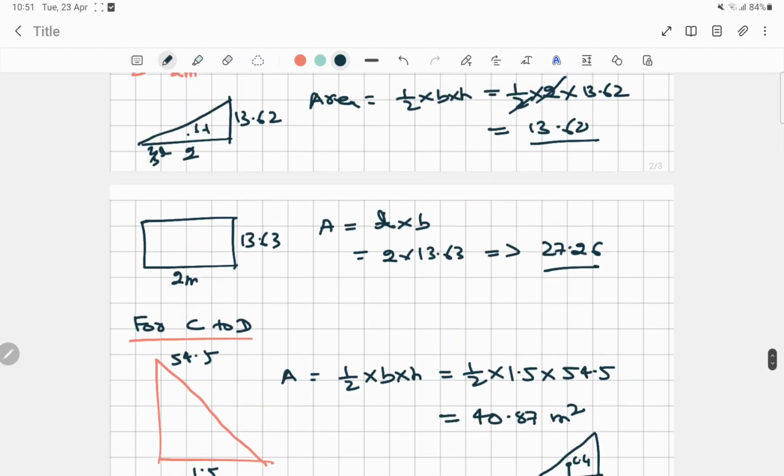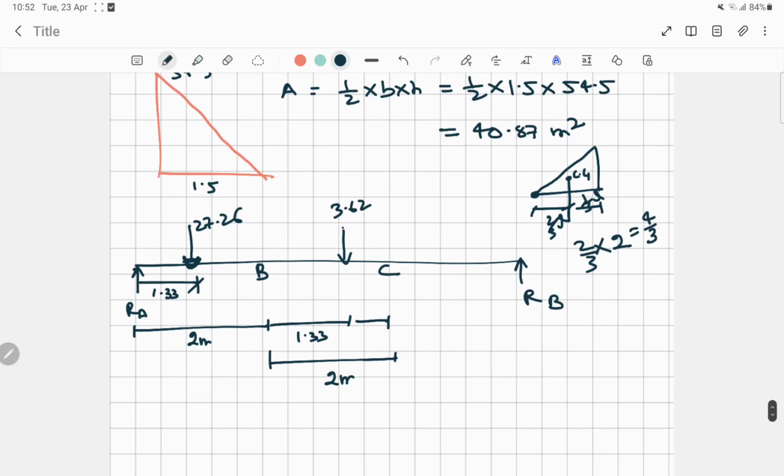Now for this rectangular section, the CG is at the center, so it will be half, 1 meter, somewhere here.